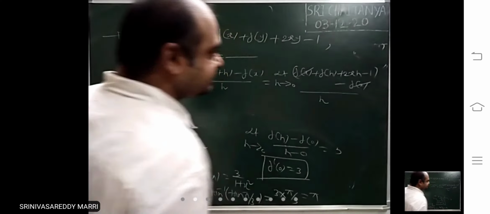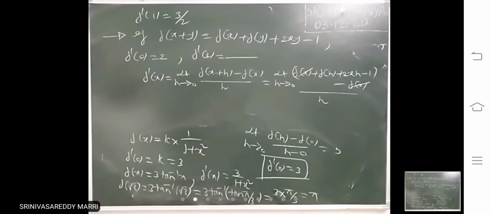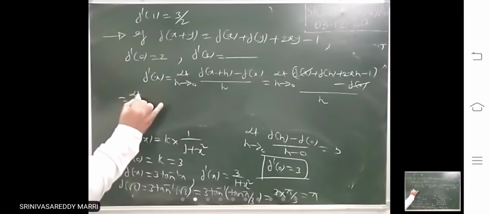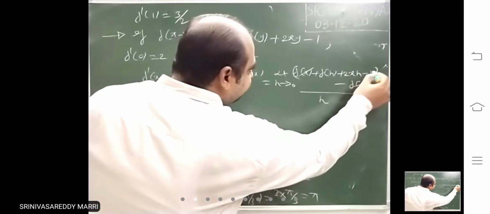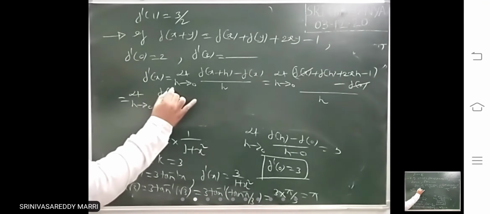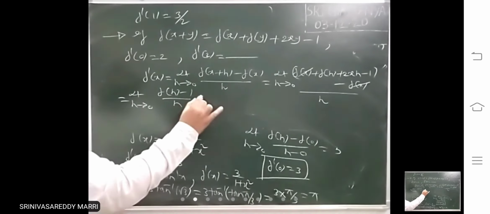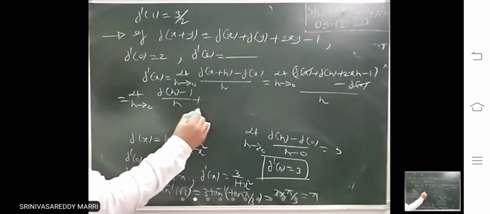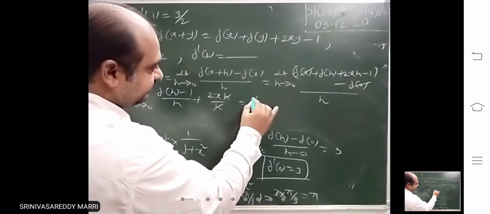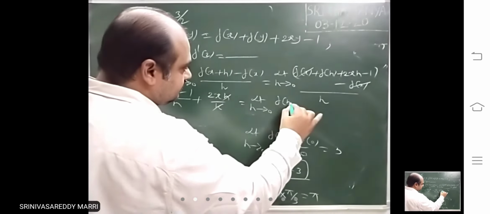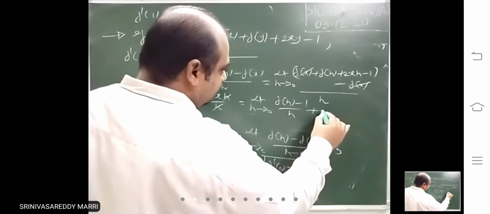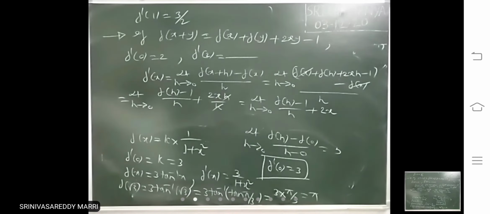Now, substitute y equal to h. The f of x gets cancelled. So now I am writing limit h tends to 0, this f of h and minus 1 I am clubbing, divided by h, plus 2xh divided by h. The h cancels. That means limit h tends to 0, plus there is no h in the second term, so 2x is 2x only.